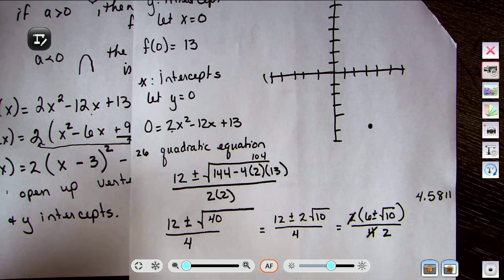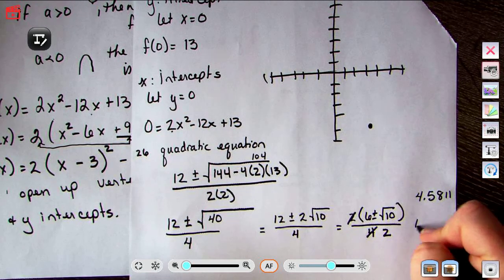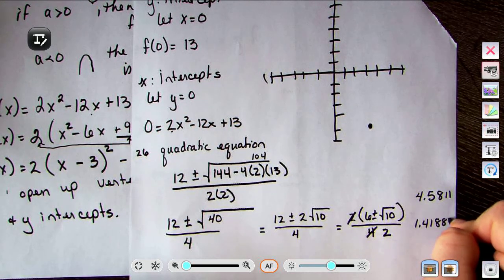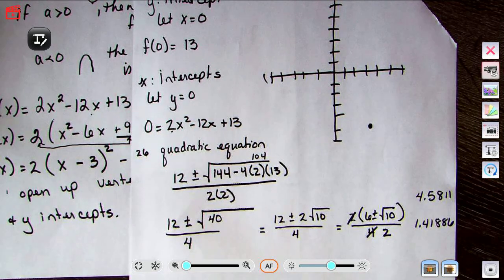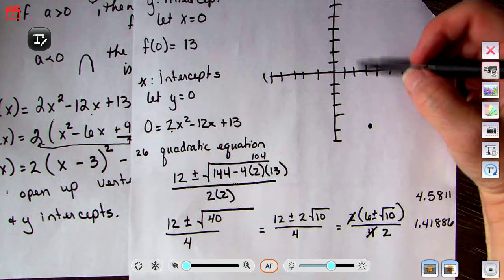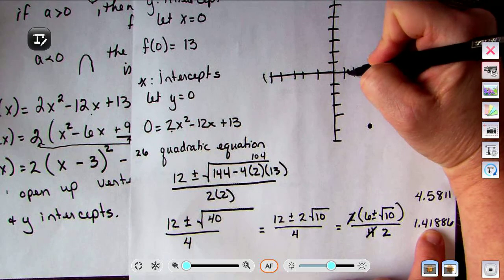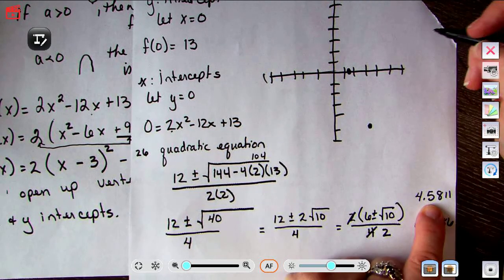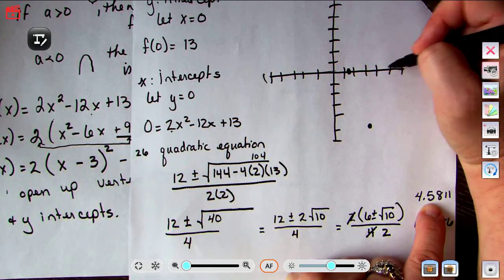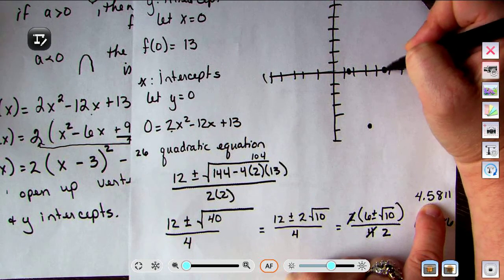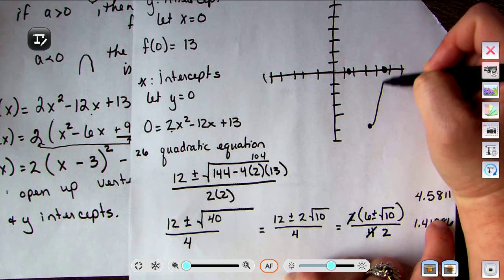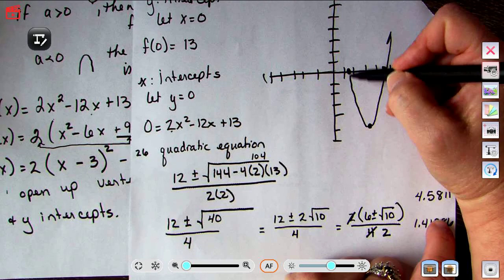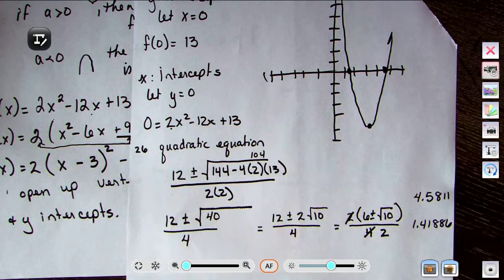So I'm putting those numbers on here for you so you can check. And we have those values. So I need to kind of put those in. So 1.4, well, that's about here. 4.58 is about there. And I can kind of rough it up right there.